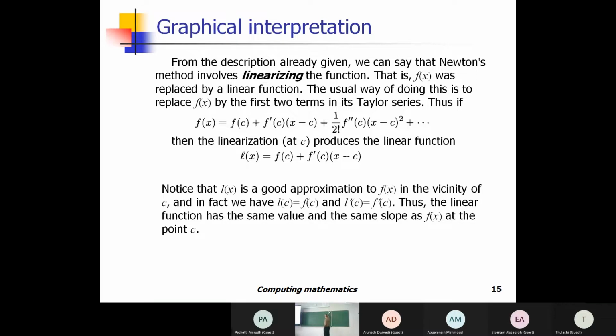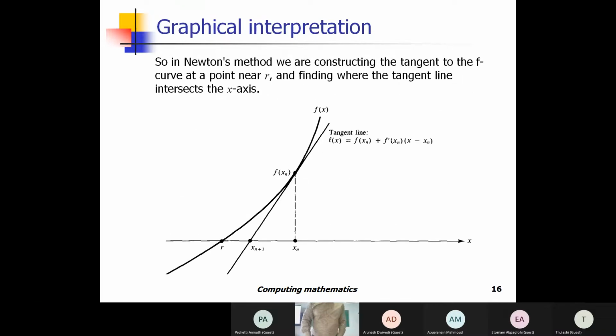But what is the meaning of the derivative at some point c? Do you remember it or not? I think you should have considered such things in mathematical analysis: the value of the derivative is the slope of the tangent line at this point.